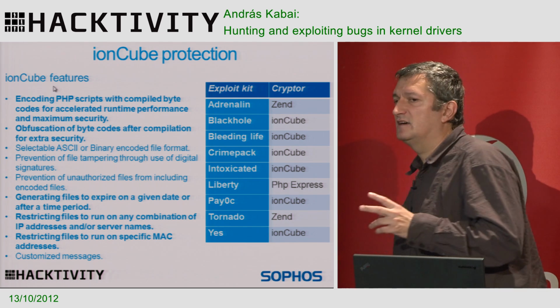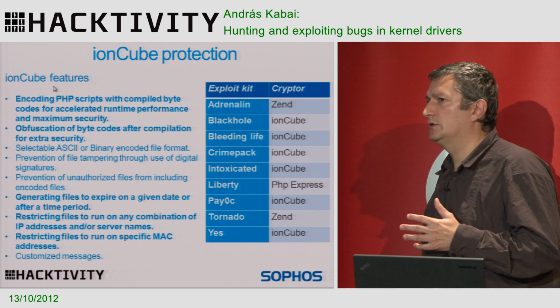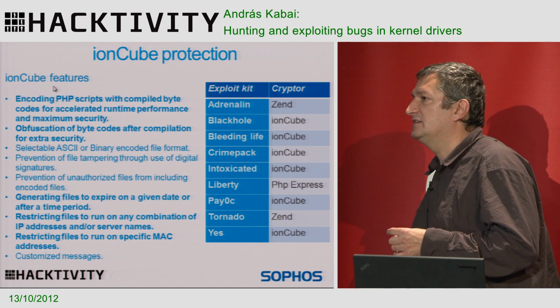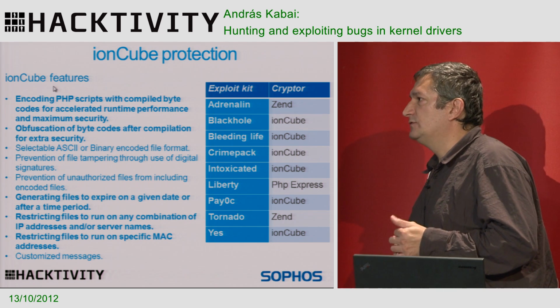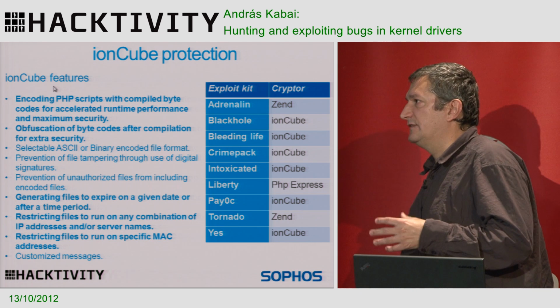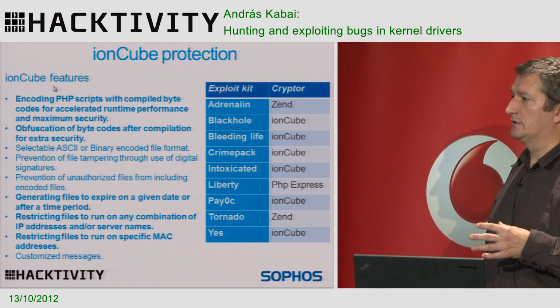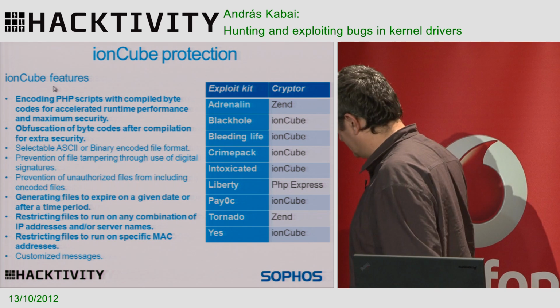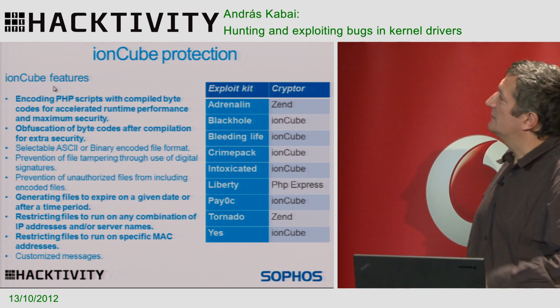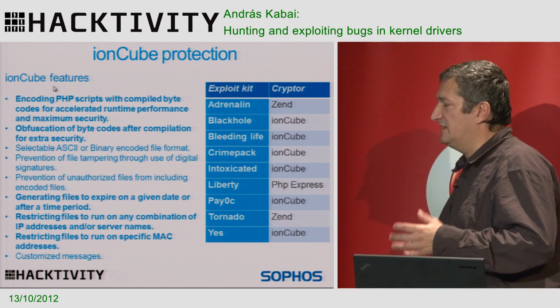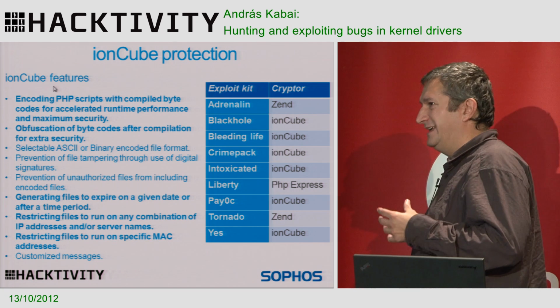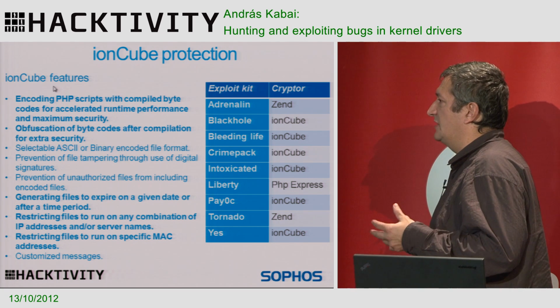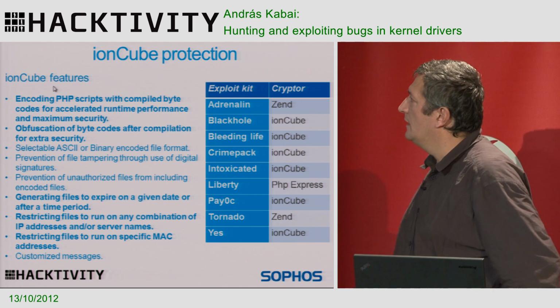The whole project started from earlier development that was intended to improve the performance of executing server-side PHP code by first converting it to bytecodes for faster loading. Now, ionCube builds on this, and it encrypts this precompiled bytecode.